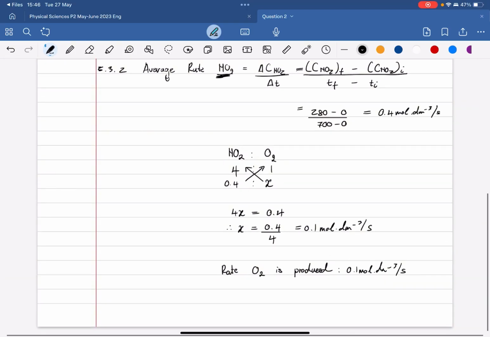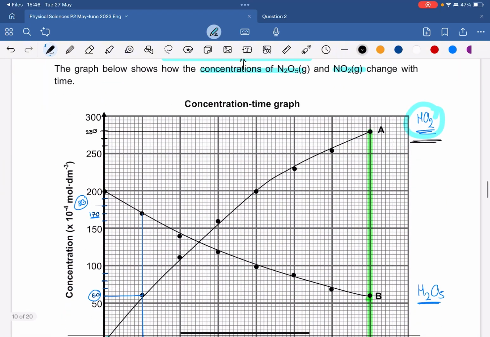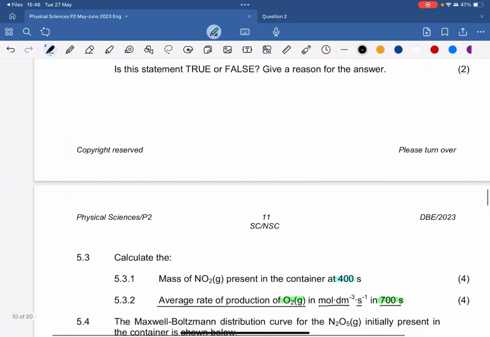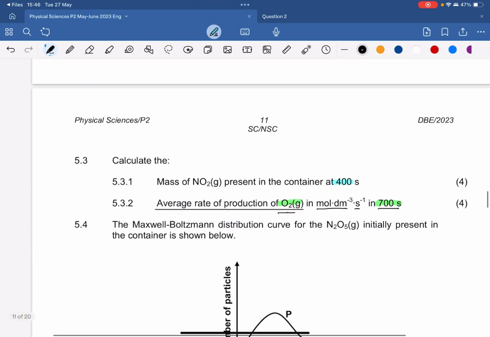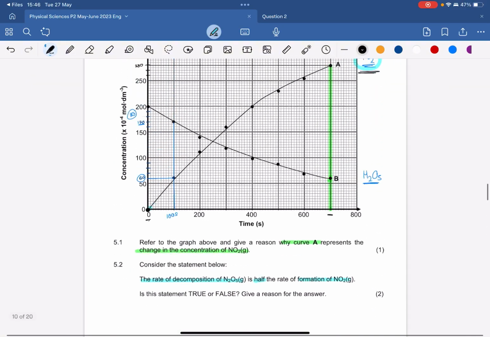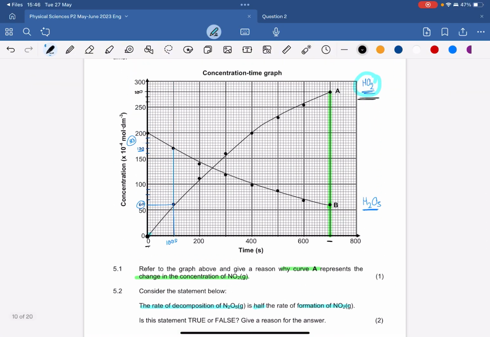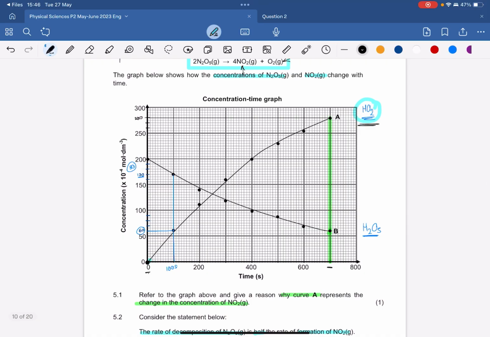So just to recap what exactly we did here. The question asked us to find the average rate of the oxygen gas at 700 seconds, rate of production of oxygen gas in 700 seconds. But we didn't have a graph for the oxygen gas. What we did have a graph for was the NO2 and the N2O5.